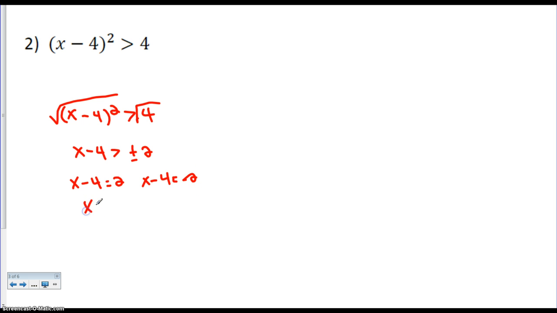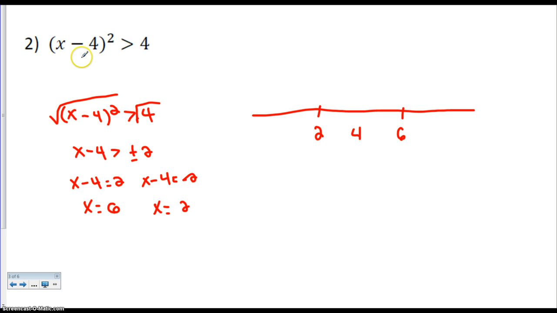So I get x to be 6, and then I get x to be 2. So on my number line, I know that I have 6 as a possible value and 2 as a possible value. Kind of like what I did before, I want to plug a value in between 2 and 6, which is 4, into this inequality.